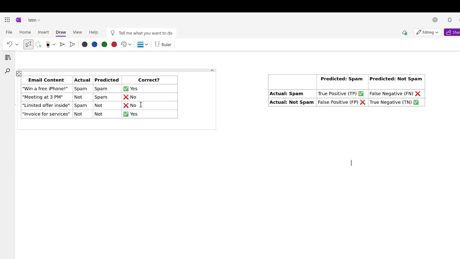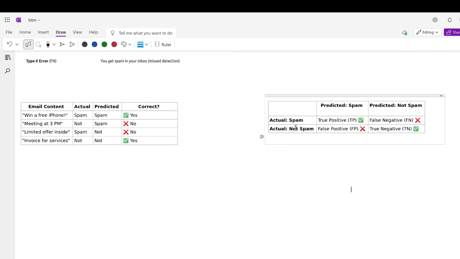So in terms of a confusion matrix, we have the columns of actual classes, where we have two classes, spam and not spam, and the predicted classes, spam and not spam, which we put into the row header.